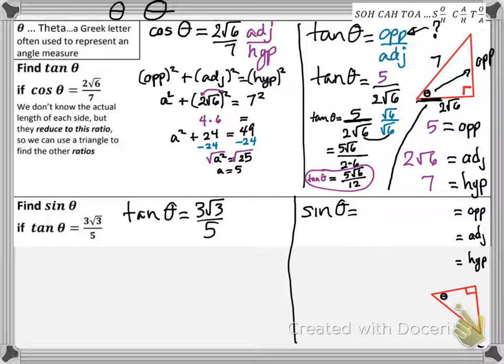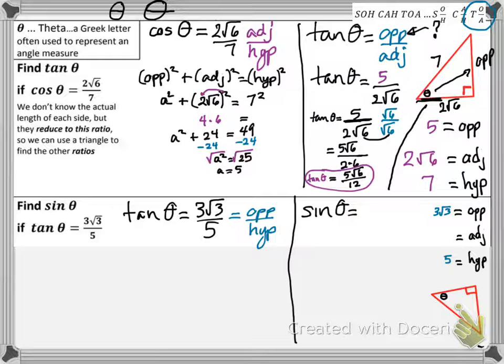Okay, tangent from up here is opposite over hypotenuse. Opposite, hypotenuse. Come over here and I'm going to write the opposite is 3 root 3. The hypotenuse is 5. I need to still work on finding the adjacent.